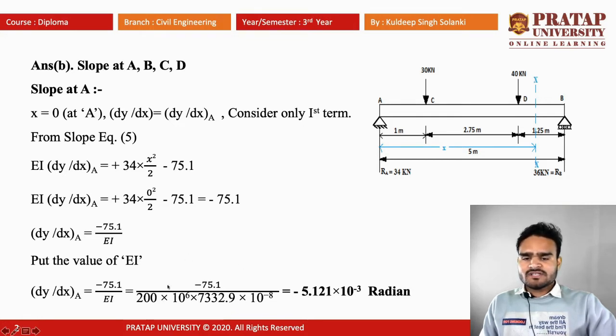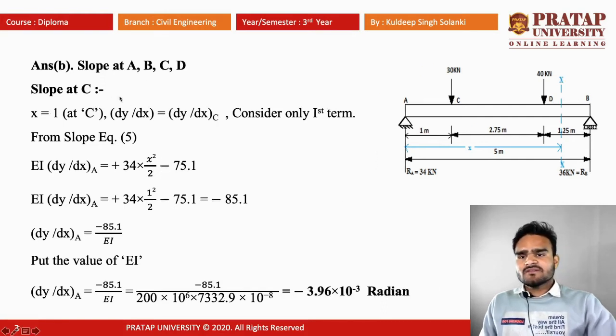After solving, we get the slope at A in radians: 5.121 into 10 power minus 3.